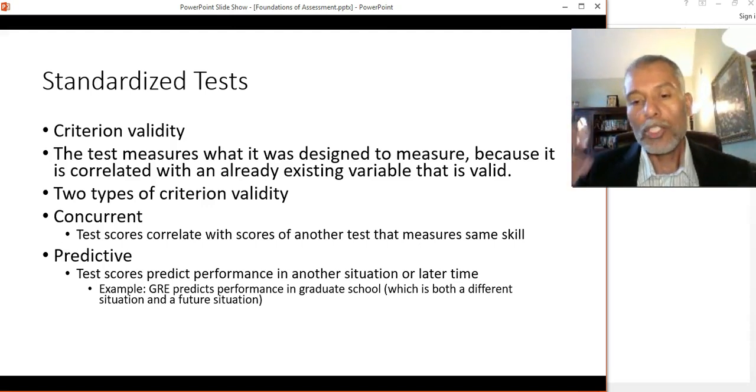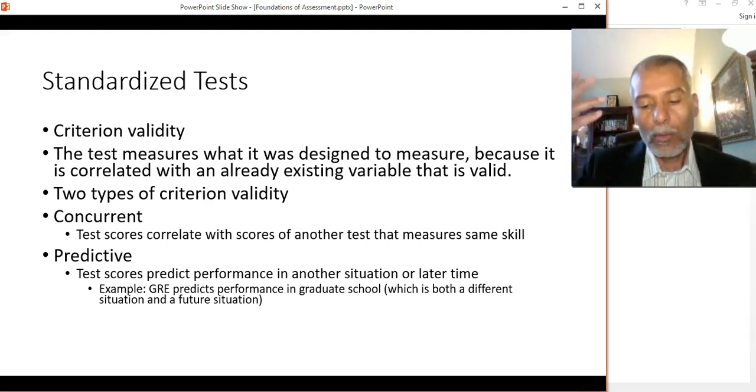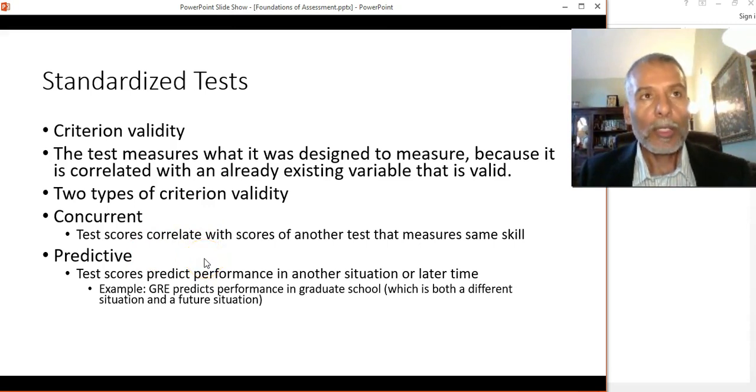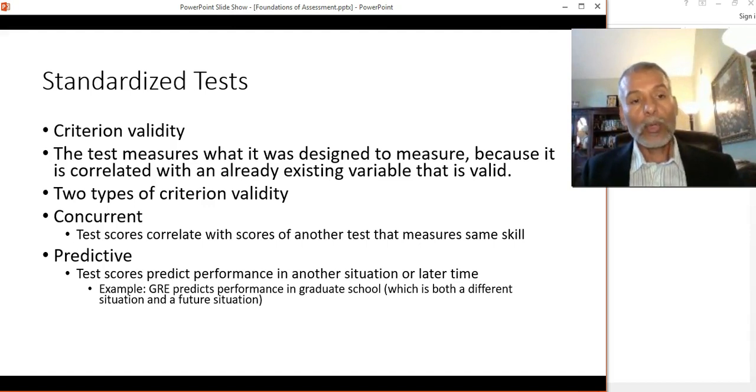For example, you took the GREs, which we require for grad school. The purpose of this is to predict your ability to complete tasks, to succeed and to perform in grad school. So this is what it does in terms of validity.